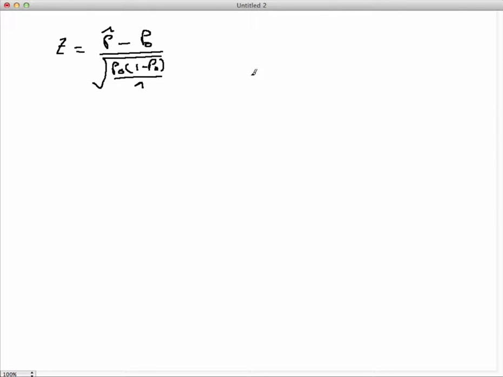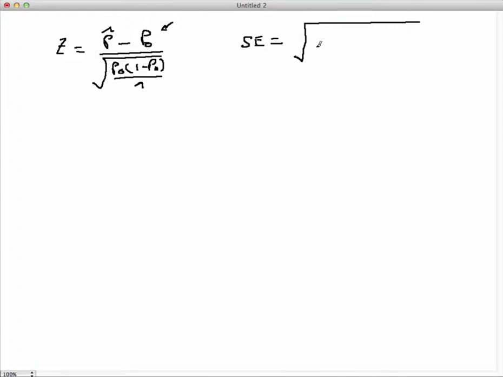Now there's one little bit of a problem here in that we don't have any idea whatsoever what the null hypothesis is saying that value of p is.